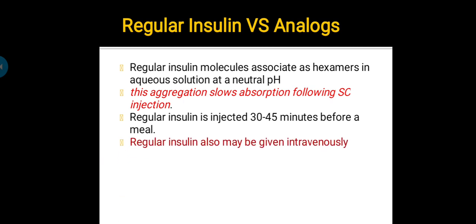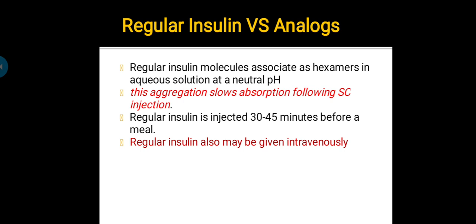After the subcutaneous depot, there is a slow release of the monomer from the hexamer form, and there is a delay in the absorption. That's why there is a little bit of delay in the onset of action of regular insulin.